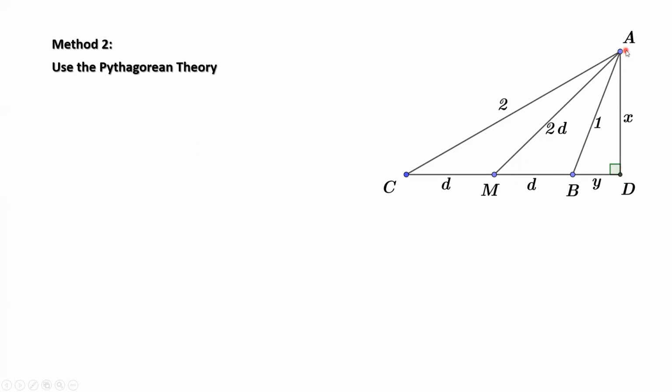We mark AD as X, BD as Y. Here we have 3 small triangles. This one, middle one, and the left one.